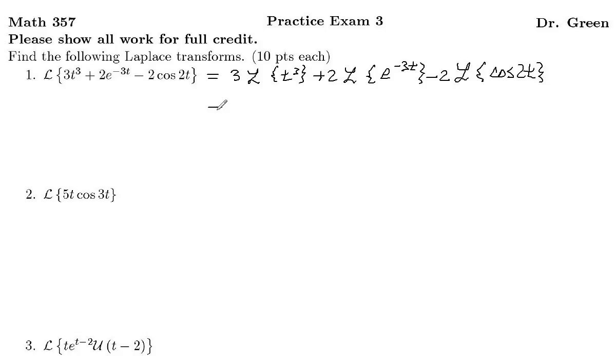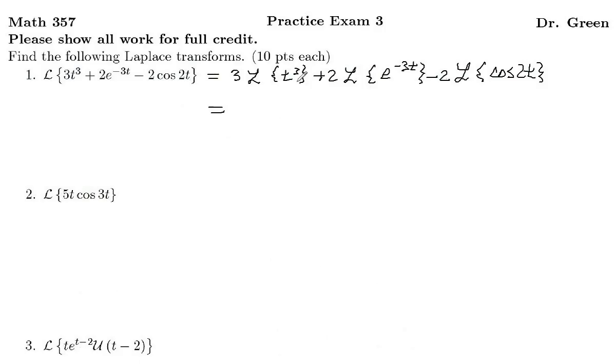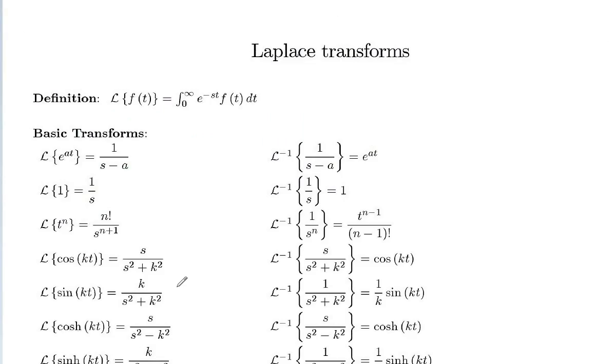And now we'll go to our transform sheet. The transform of t to the n is n factorial over s to the n plus 1. So here this is going to be 3 times 3 factorial over s to the 4th, plus 2 times the Laplace transform of an exponential. E to the at is 1 over s minus a.